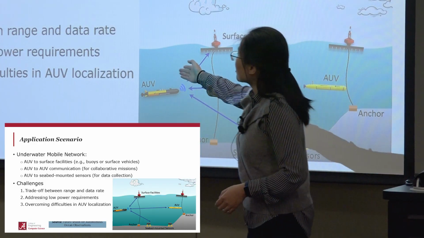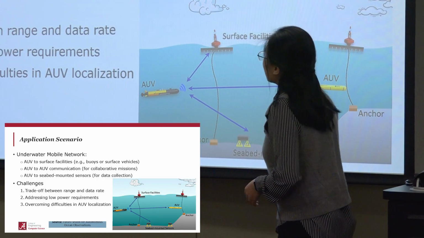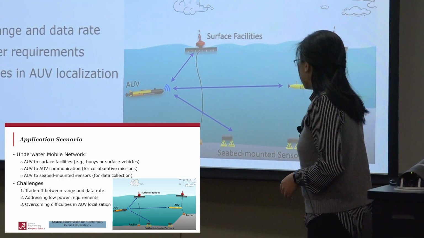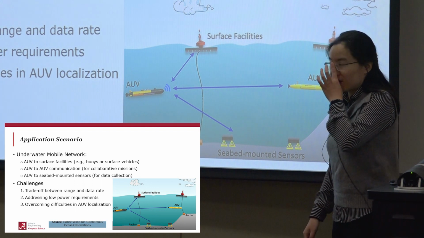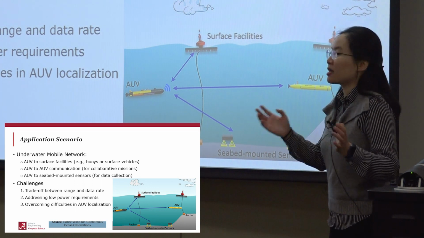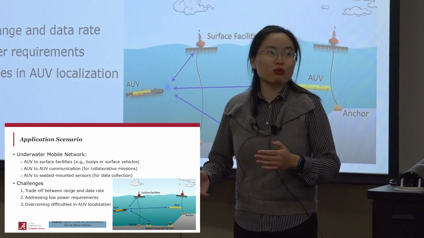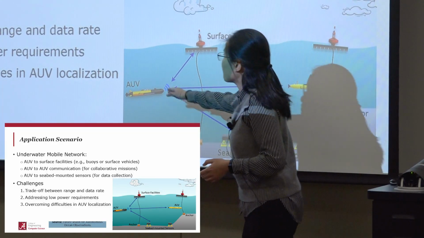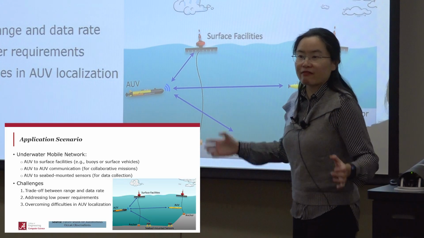The second challenge comes from the low power requirement, especially for those seabed-mounted devices. Those devices have a very limited power supply. That means they need to be able to communicate with the AUV in an ultra energy efficient way.